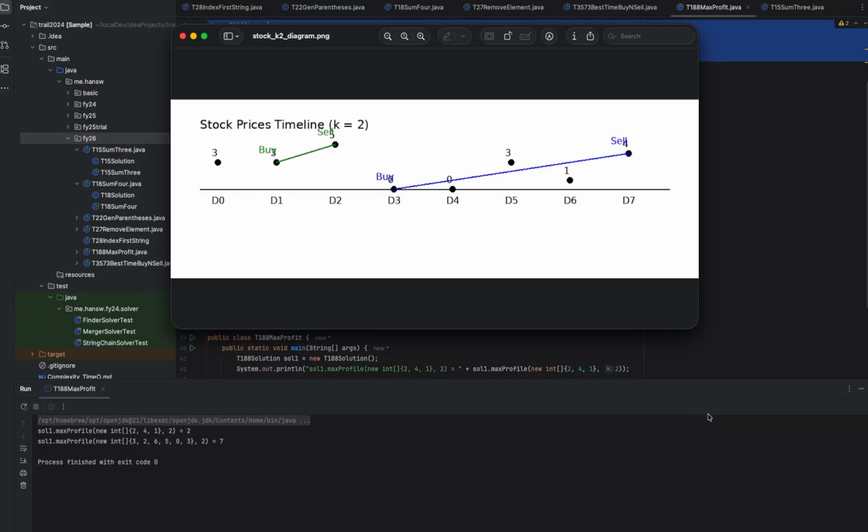When we go through each of the prices, we can see how the transaction will impact each of the positions in this stock price timeline.